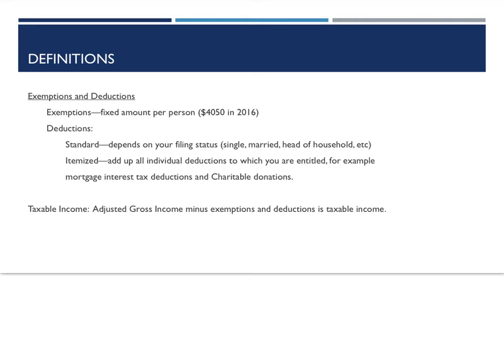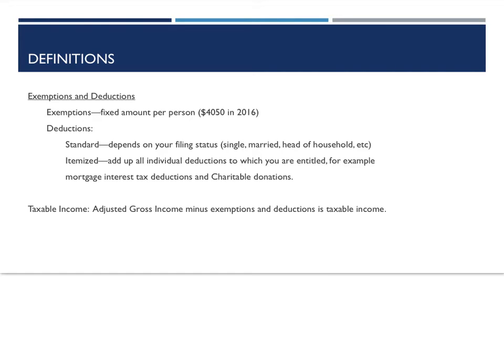Deductions, that is either you get a standard deduction for your filing status, a set amount that everybody who's married, filing jointly or single or head of household will deduct, or you have an itemized deduction.